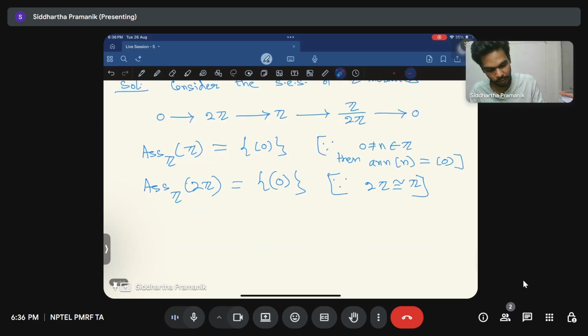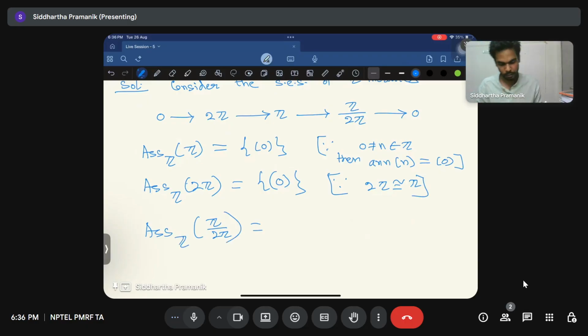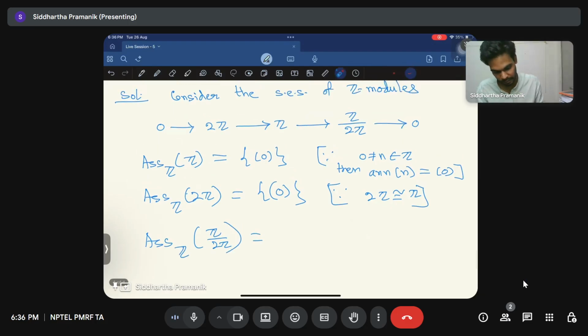Now what about the right one? Associated prime of Z mod 2Z over Z. This we have done in the previous exercise. We need to see the primary decomposition of the ideal generated by 2. Then we will get that it is only the ideal generated by 2.